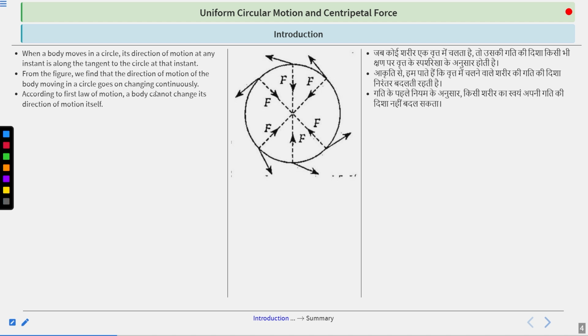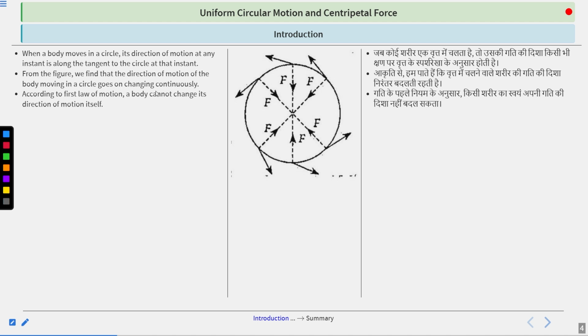If the body is at rest, it will remain at rest unless some external force applies on it to make it move. If the body is in motion, it will remain in motion unless an external force applies on it to stop it. That is what we had discussed.